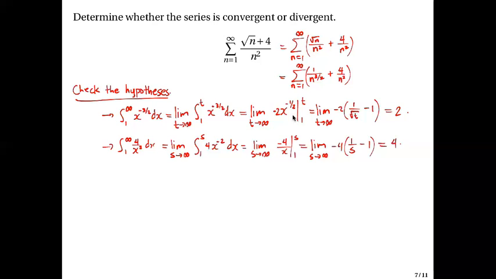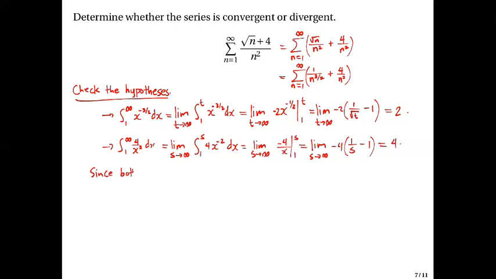So both improper integrals are convergent, and therefore both series are convergent, and therefore you have the convergence of this original series.